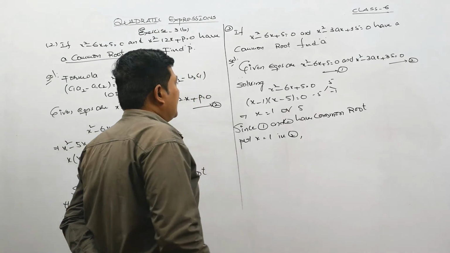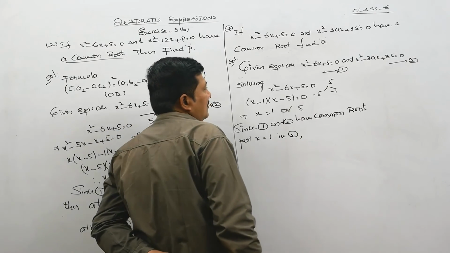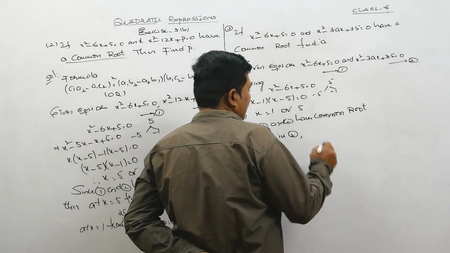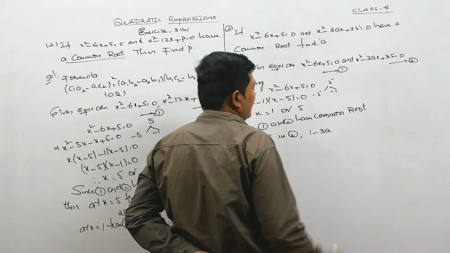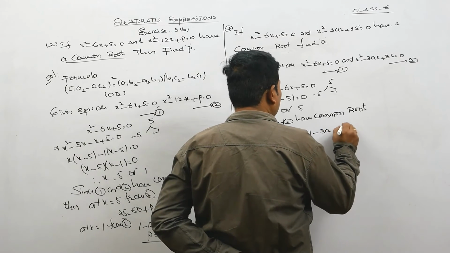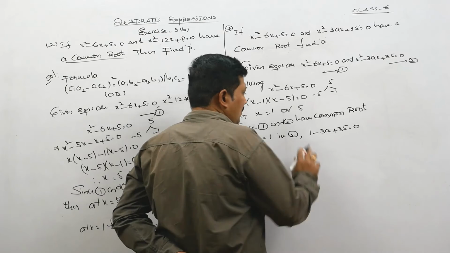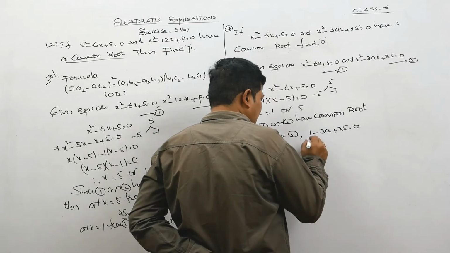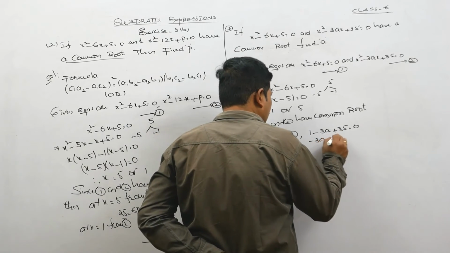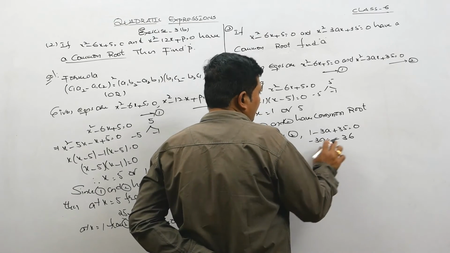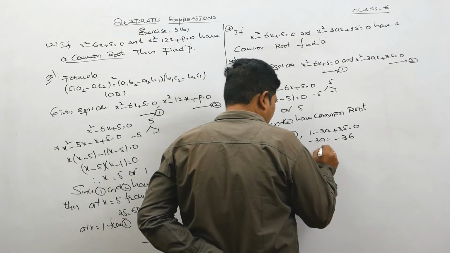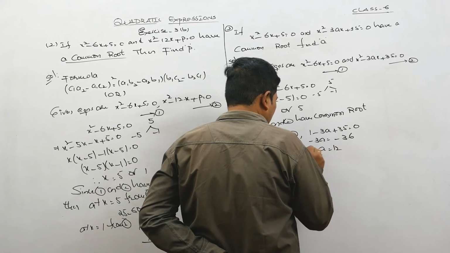Then by writing x is equal to 1 in equation 2, we have 1 square, 1 minus 3a into 1 plus 35 is equal to 0. So 1 plus 35 is 36, minus 3a is equal to minus 36. So cancel the minus, 3 ones are 3, 12s, a is equal to 12.